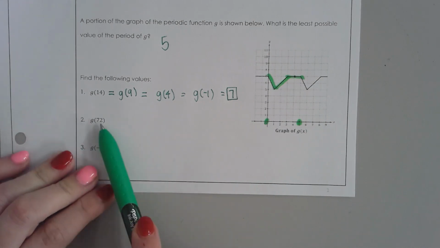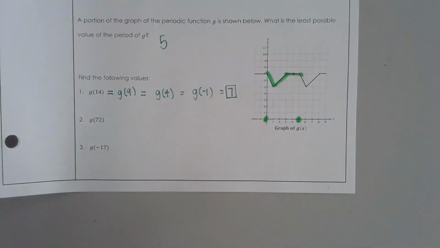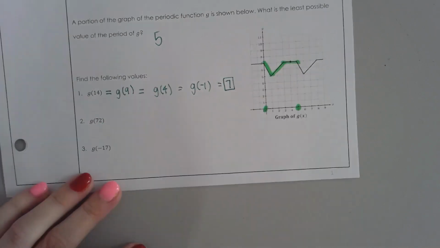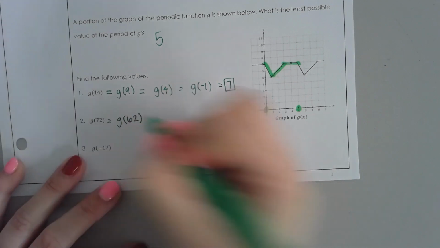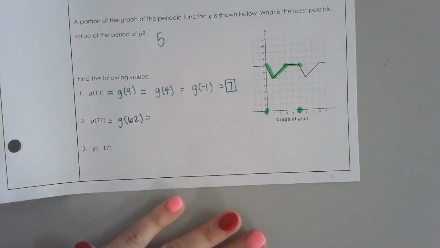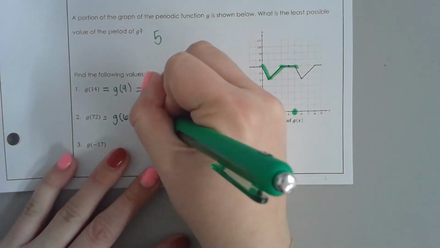So G of 72, okay, multiples of 5 are also multiples of 10, right? So I could go down by 10s. So this would be the same as G of 62, which would be the same thing as G of 2.